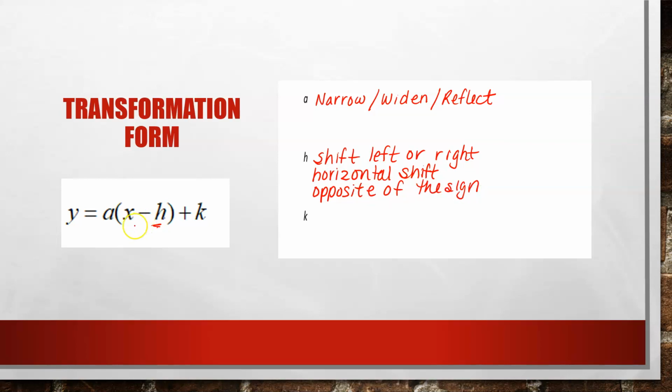So if you have subtraction, it's going to shift to the right. If you have addition, it's going to shift to the left. All right, the K, which is right here, tells you how much it shifts up or down, which the book calls a vertical shift. And this is compared to the parent.